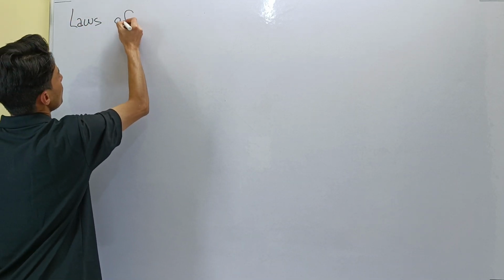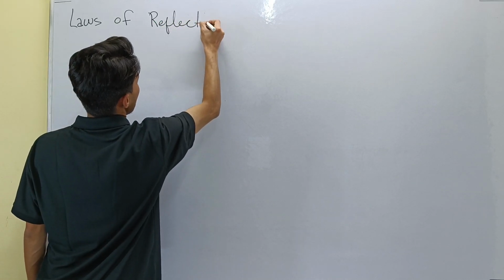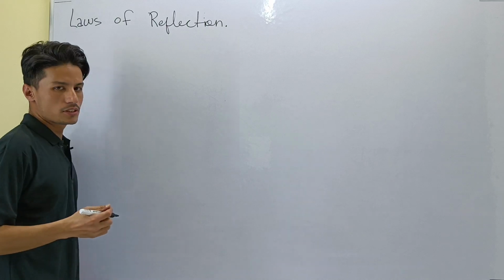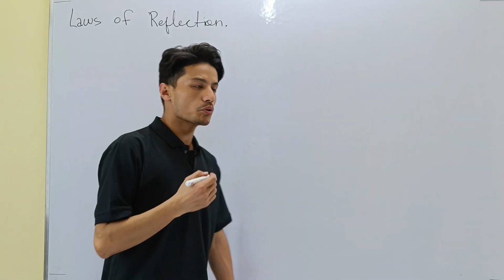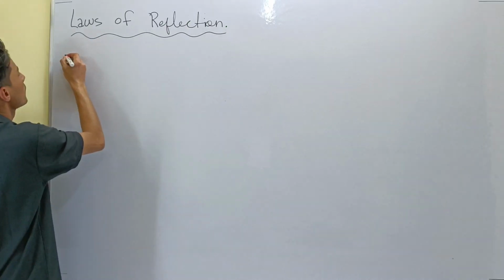So let us go to the laws of reflection. How many laws of reflection do we have, class? We have 2. So let us study the 2 laws of reflection together.